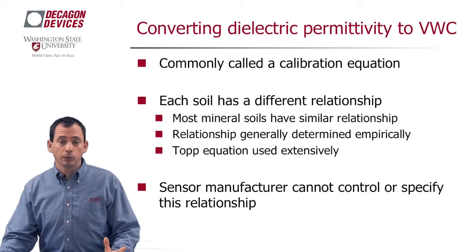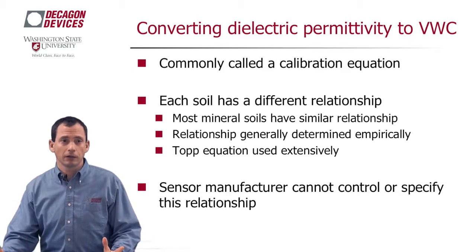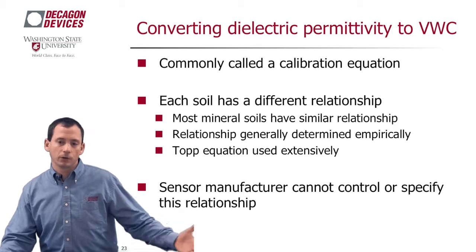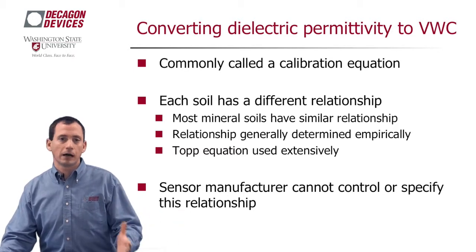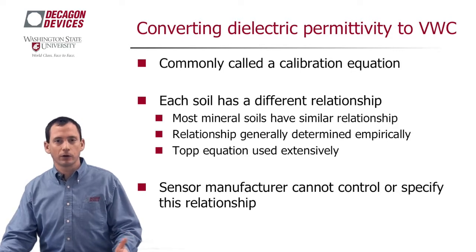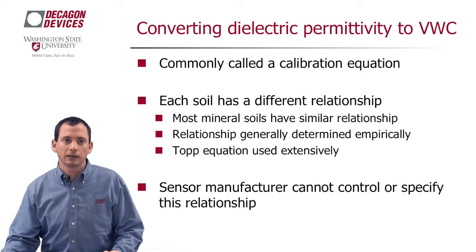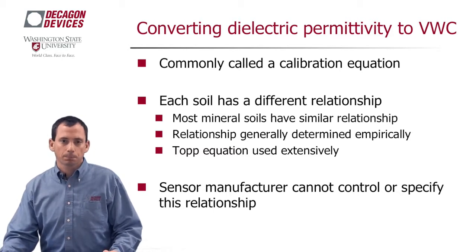Fortunately for us, most typical mineral soils have a pretty similar relationship. But once you start getting out of the typical soil range and get into high bulk density or low bulk density or real high organic matter or specialized mineralogy, then that generic relationship doesn't really hold anymore.